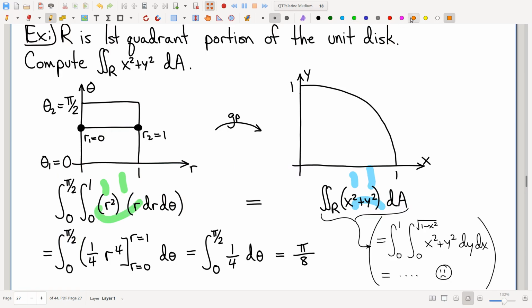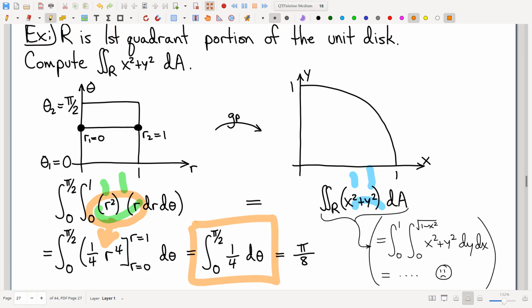Look how easy it is to do the calculation. Altogether, my integrand is just r cubed. That has an easy antiderivative. That results in a single variable integral here that is super easy. We're done. We win. No trig substitutions, no nasty algebra.